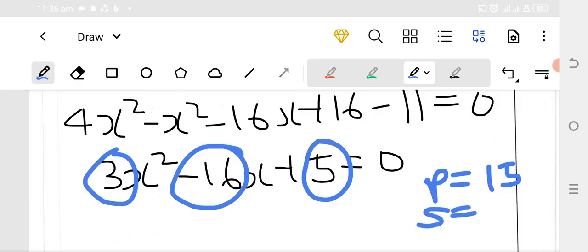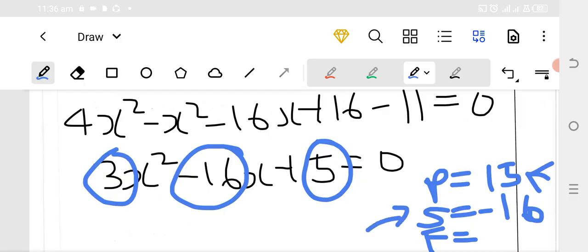Sum is equal to negative 16. Then your factors are the numbers which, when you multiply, give you 15, but when you add, give you negative 16. So those two numbers are negative 1 and negative 15.